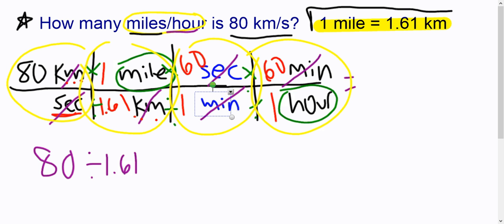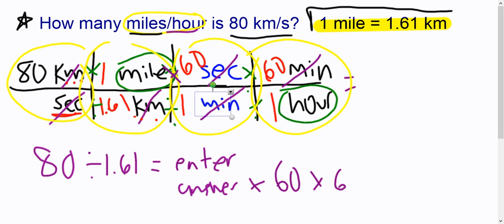And I would hit the enter button at this point to get an intermediate answer. Then that answer, if you have the second answer button, like an answer key, it'll just redisplay it, or you can take that number, write it down, and then continue. So hit enter, get your answer, and then take that answer and multiply it by the 60 seconds and the 60 minutes, and then hit enter again if I was typing it in my calculator.